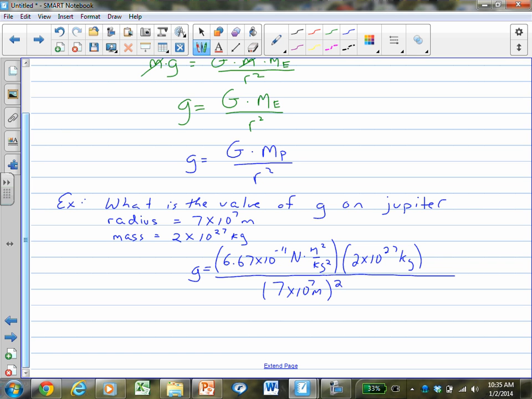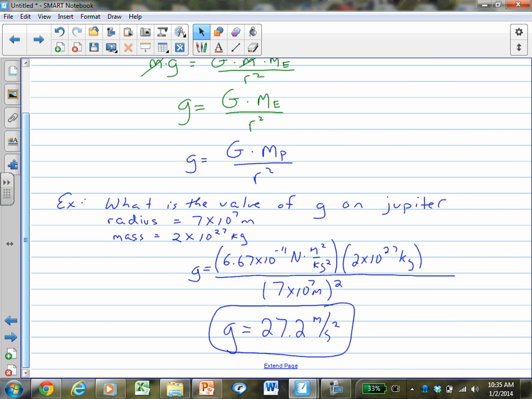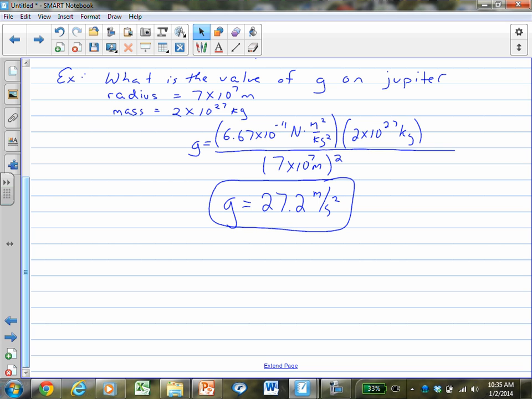And if you do that out, you'll see g is 27.2 meters per second squared. So we know the mass of the planet and the radius of the planet, and we can get its value of the acceleration due to gravity, g.